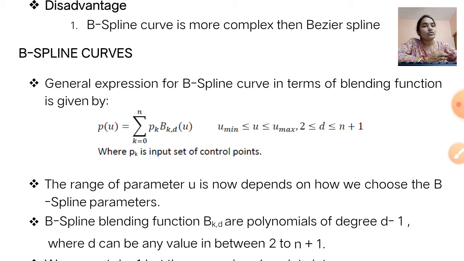Here u ranges between u_min and u_max, that is, u_min ≤ u ≤ u_max, and d ranges between 2 and n plus 1, that is, 2 ≤ d ≤ n+1.